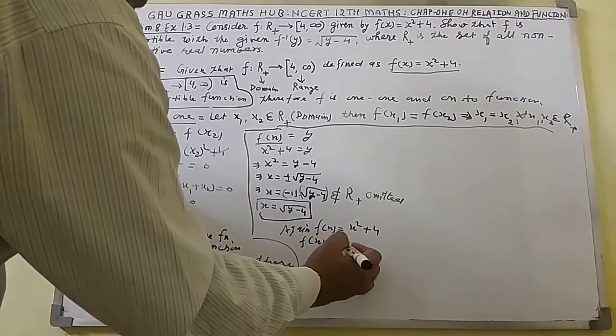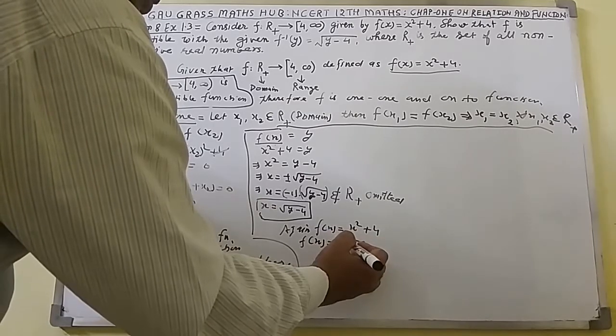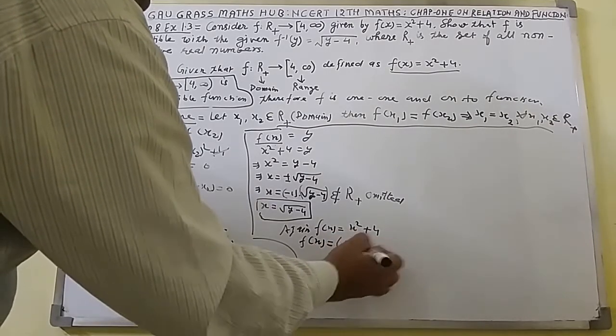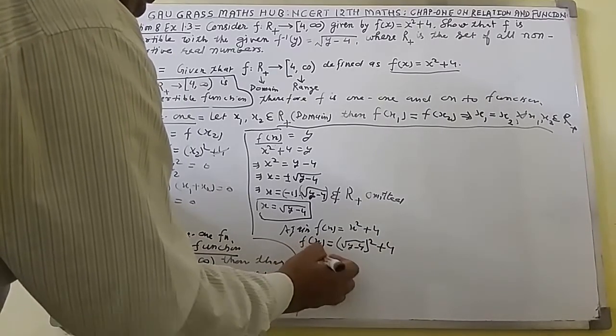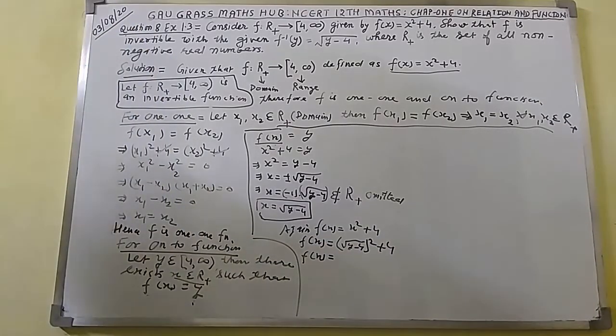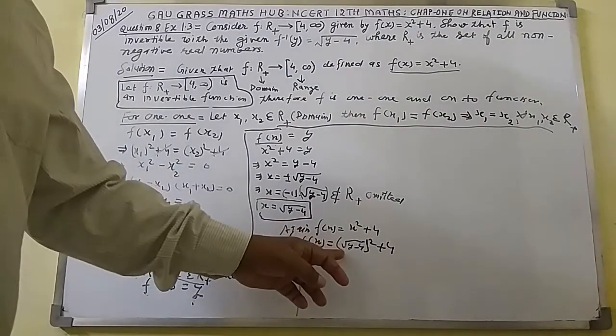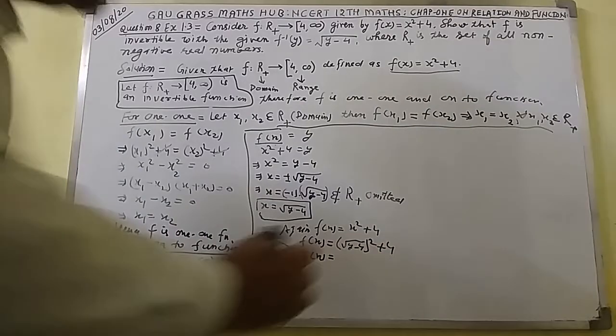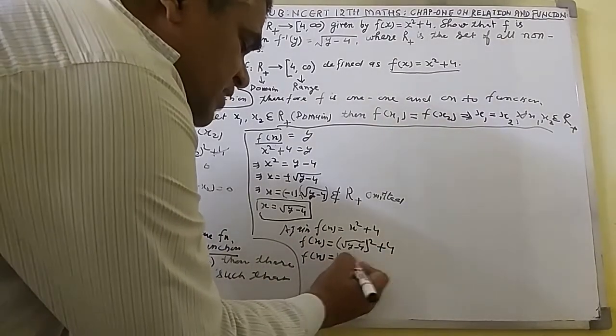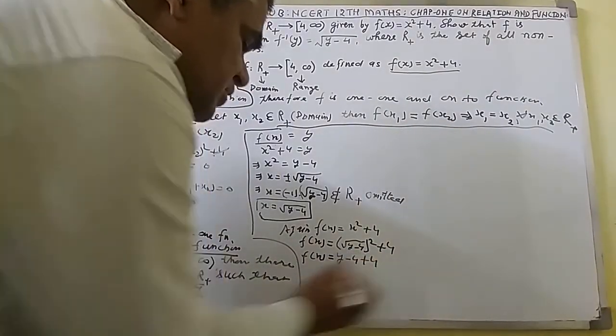If you put here the value of x, under root y minus 4 whole square plus 4, you will get f(x) equal to, here you can see, under root y minus 4 whole square plus 4. You will get here y minus 4 plus 4.